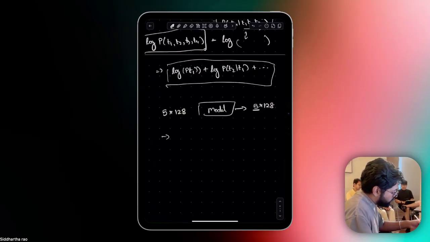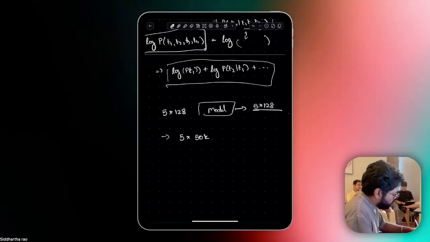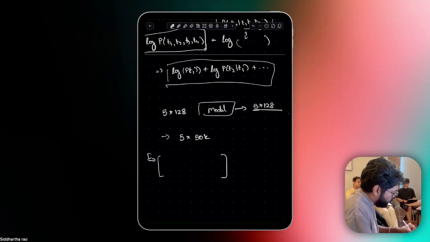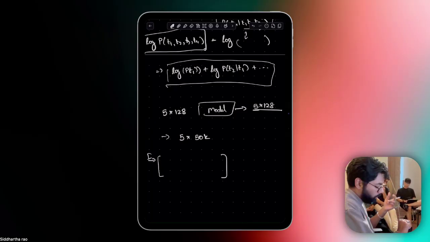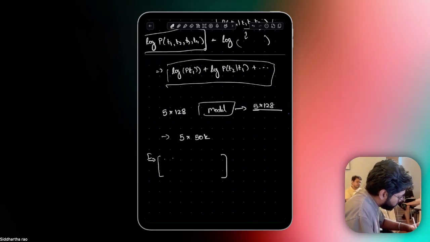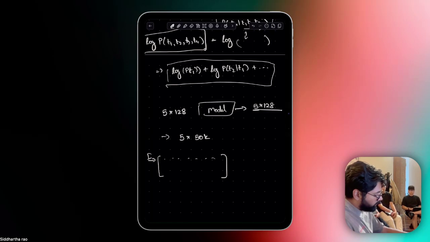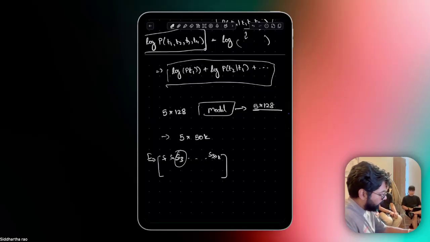What that means is that we are transforming this 5 by 128 matrix into 5 by 50K, where each row represents, for this example, I am a good dog, the first row represents the token I, and then you have 50,000 values, and all those values correspond to the scores of what the model believes. Maybe this score is the highest, say S3, and this is S1, S2, and so on, S50K.